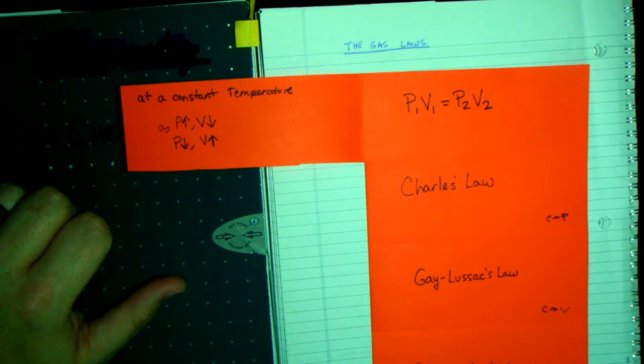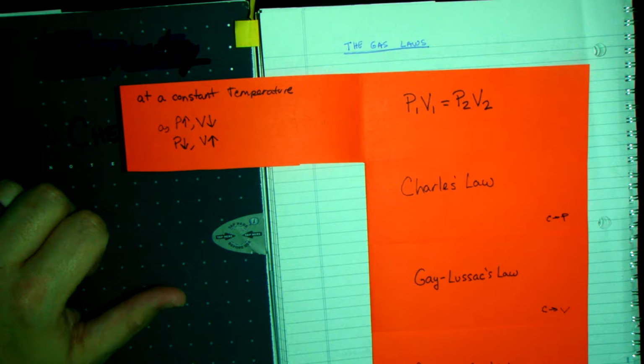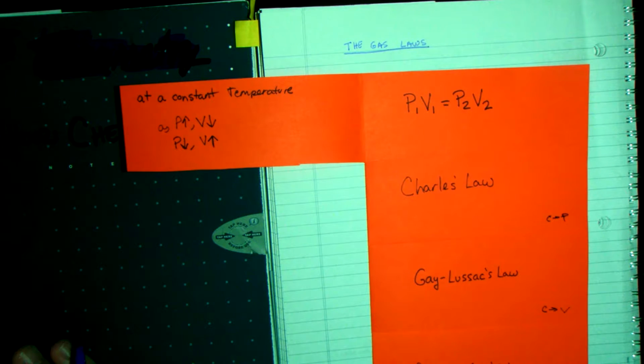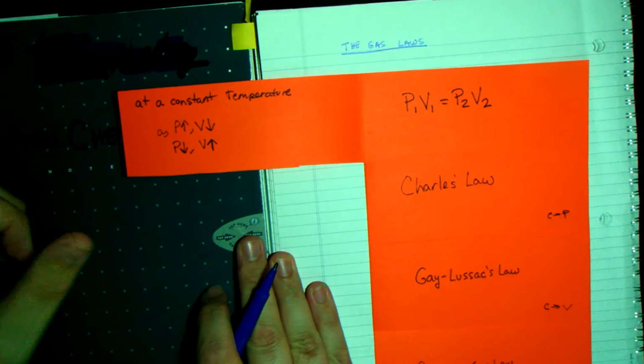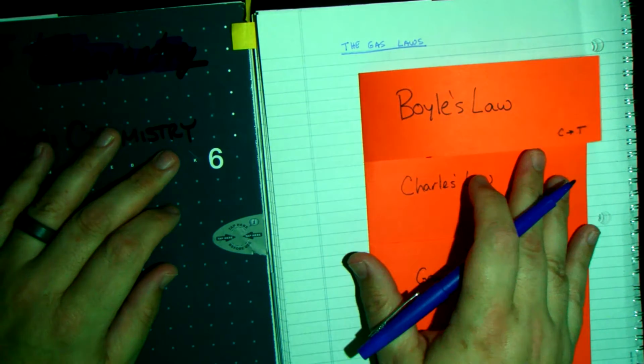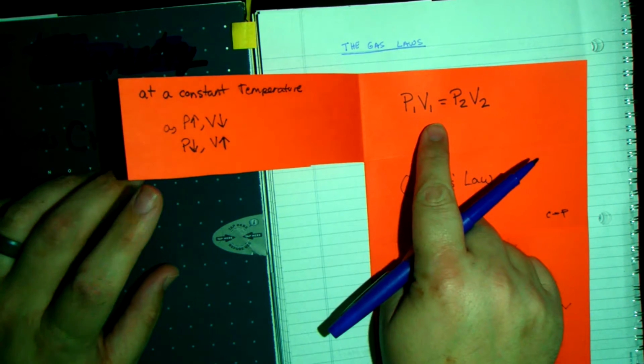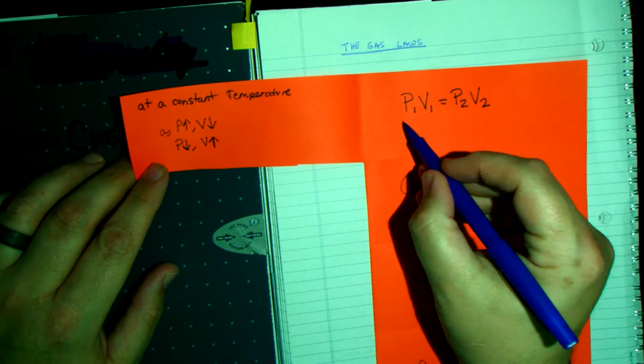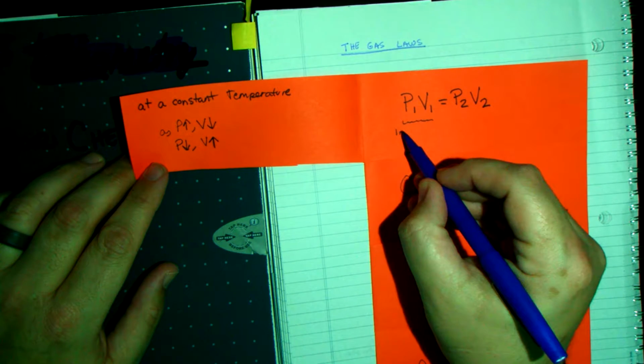Now the nice thing is, Boyle's law is the only one that does that. The other two laws, as one increases, the other increases. As one decreases, the other decreases, which is nice for us. But this is what you need to have. So if you need Boyle's law and you need the formula, there's your formula. These guys right here are usually referred to as initial conditions.